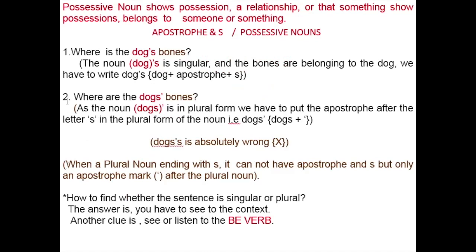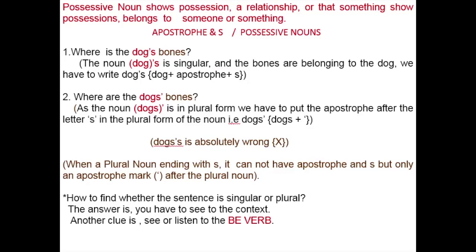Here we are going to again see apostrophe and S in possessive nouns. Sentence 1. Where is the dog's bone? The noun is singular and the bone belongs to the dog. We have to write dog plus apostrophe plus S. Sentence 2.